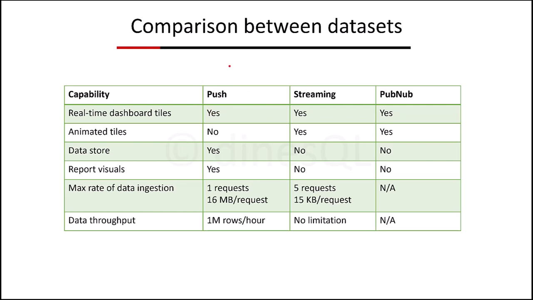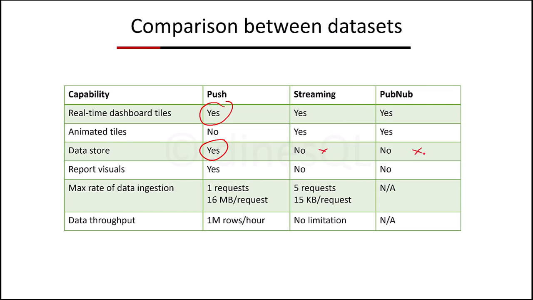As you see, real-time dashboard tiles, yes, it supports, and data store, yes. So I was referring to data store, right? But if you think about other dataset types like streaming and PubNub, see, no.